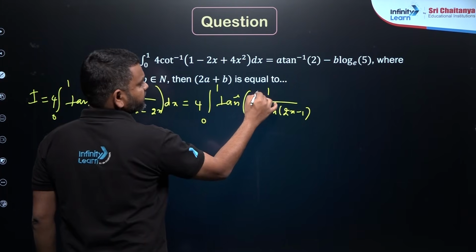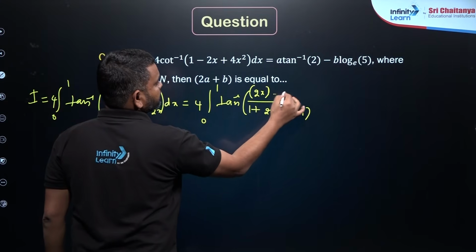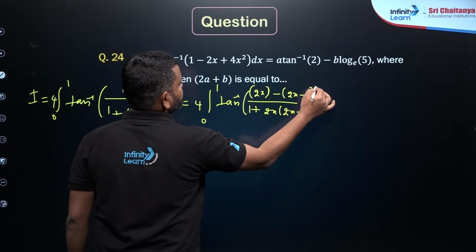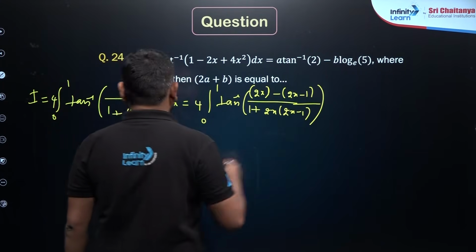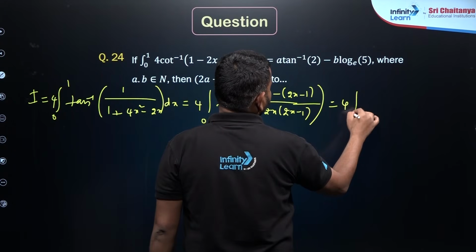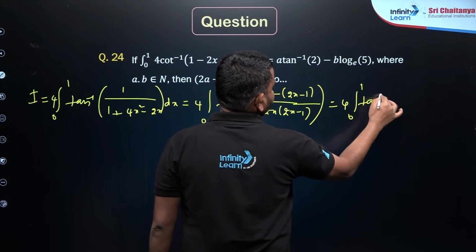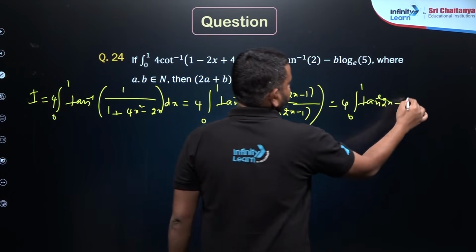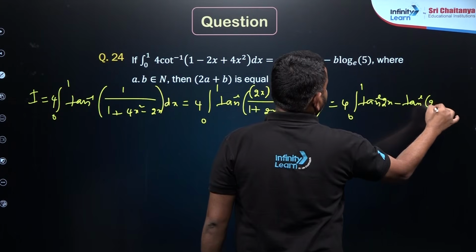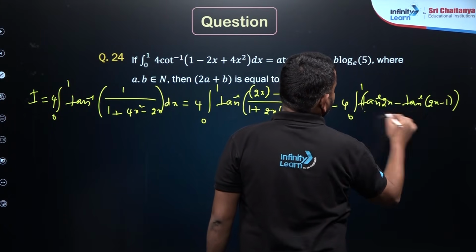So in the numerator you can write this as 2x minus (2x minus 1), so that the integral is in the form of 4 times 0 to 1 tan inverse of 2x minus tan inverse of 2x minus 1 dx.